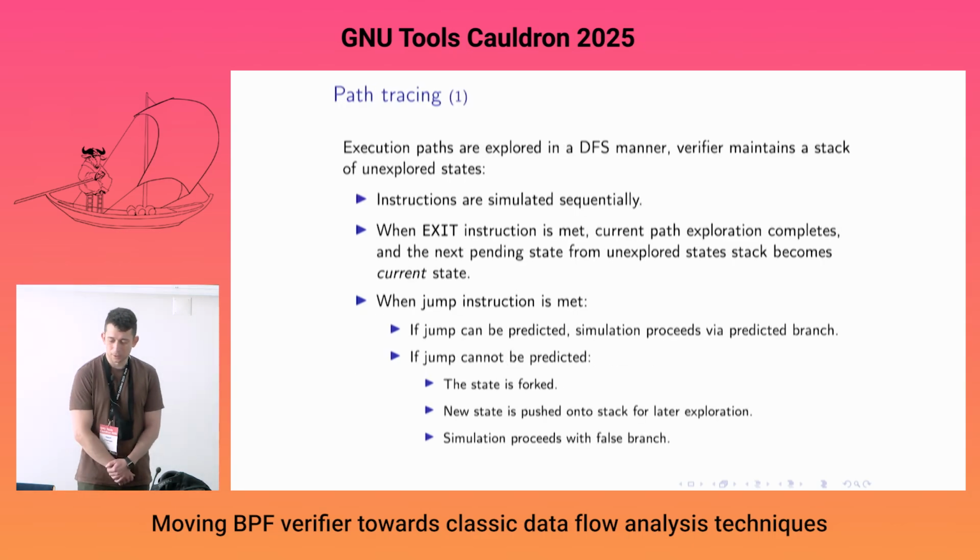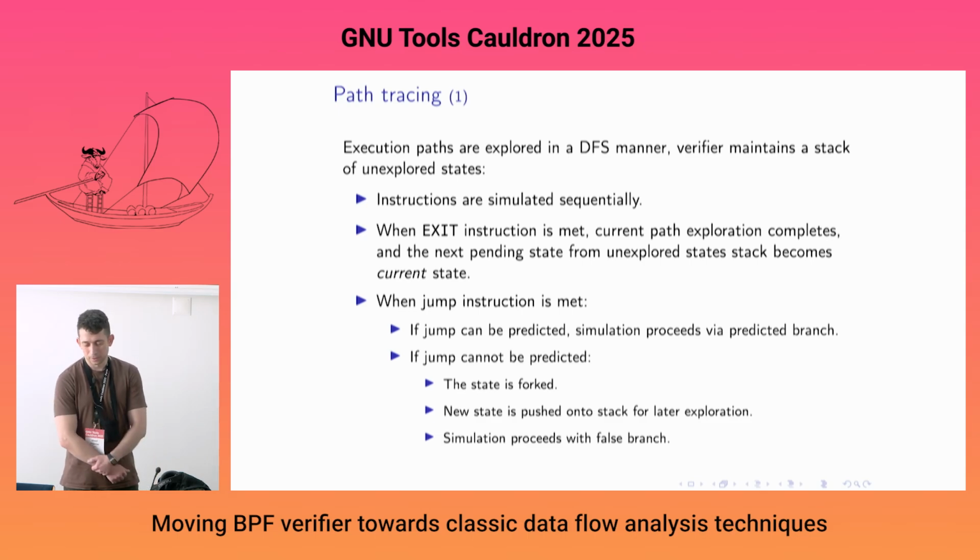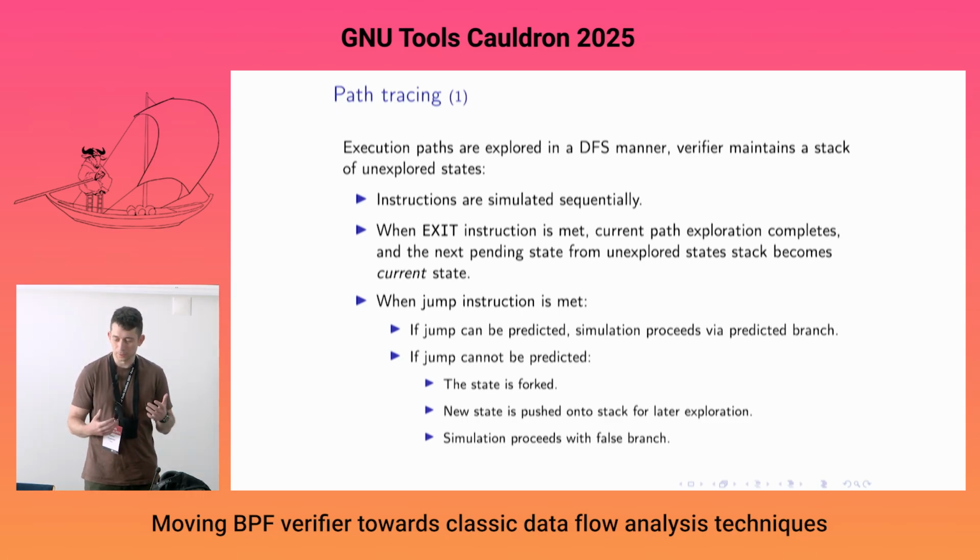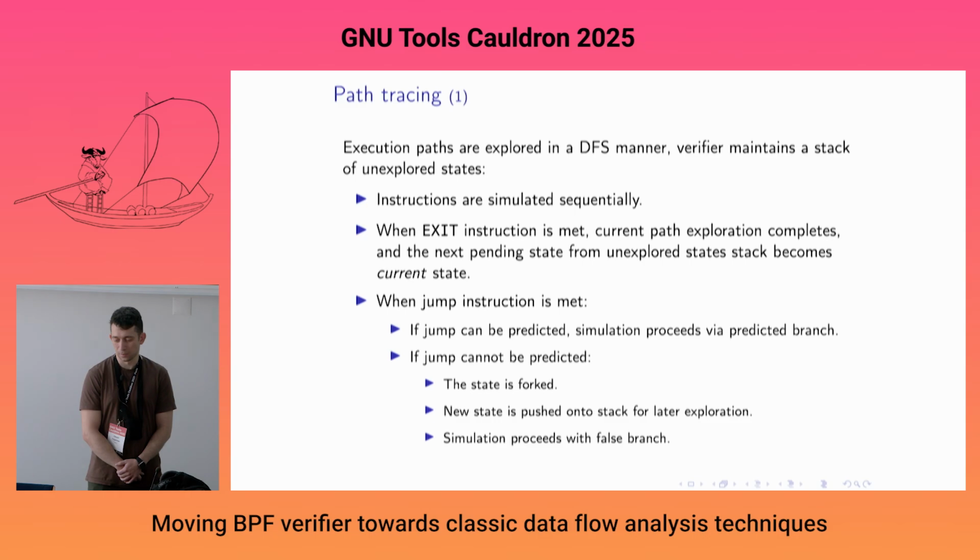Then exploration proceeds in a depth-first search manner, and we maintain a stack of unexplored states. Instructions are simulated sequentially. When the program exit instruction is met, the current path exploration completes, and we pick the next state from the unexplored stack.